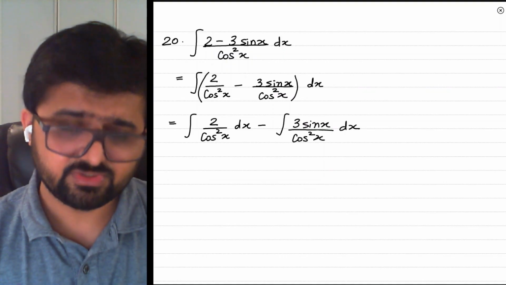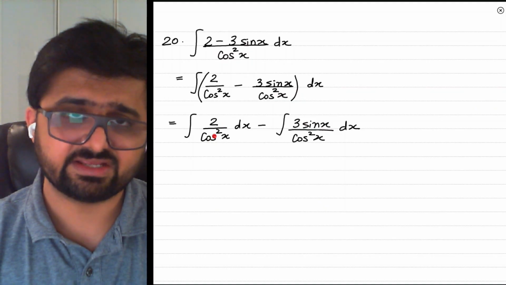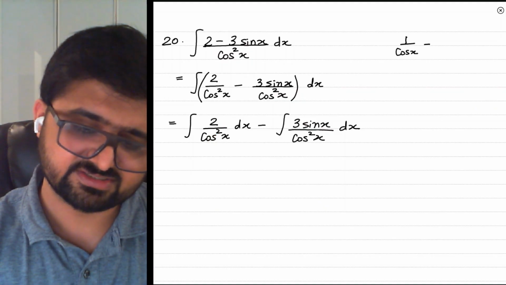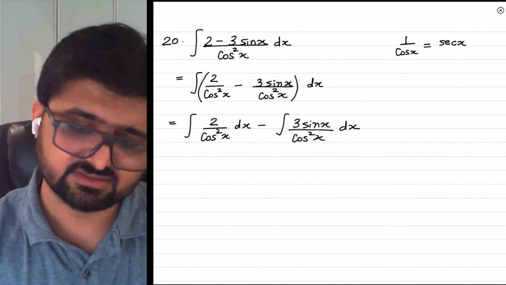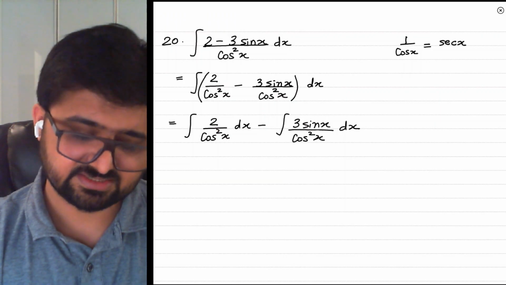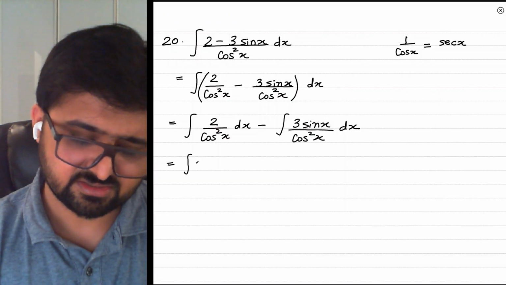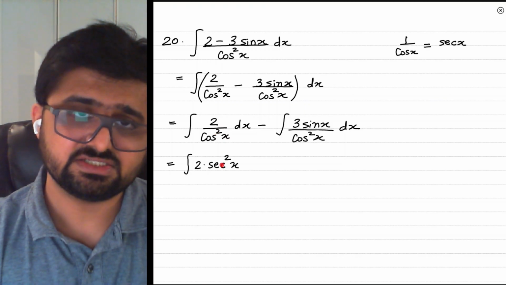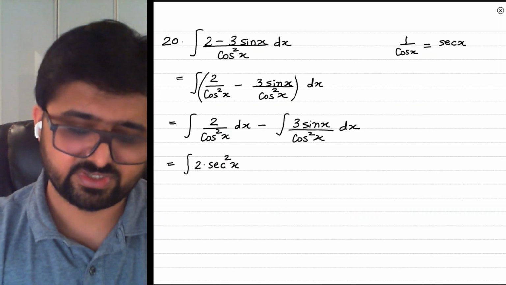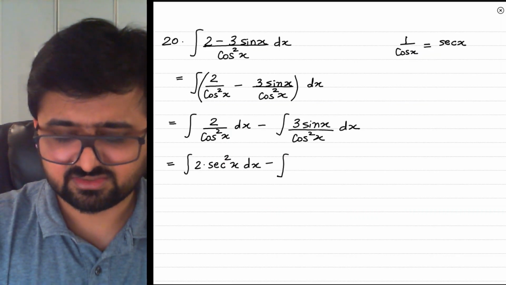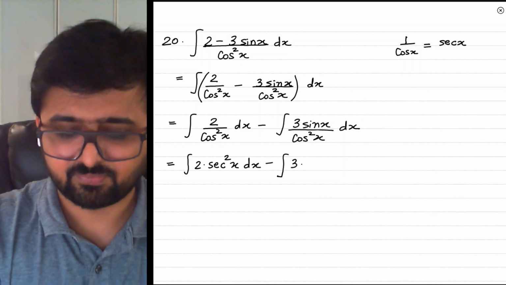Okay. Now we know this 1 over cos x is nothing but sec x. So this 2 over cos square x can be written as 2 sec square x, because we know the reciprocal of cos is sec. So this can be written as integral of 2 sec square x dx minus integral of 3.